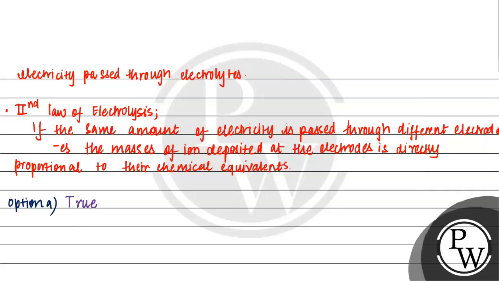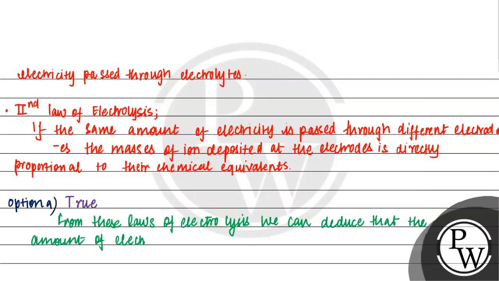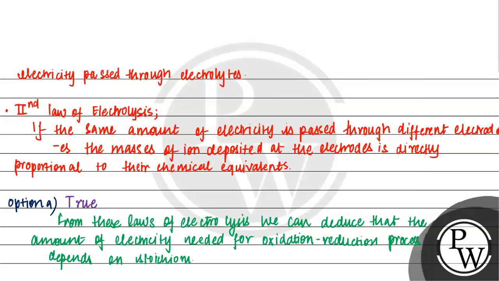This statement comes out to be true because from these laws of electrolysis, we can deduce that the amount of electricity needed for oxidation and reduction process depends on the stoichiometry of the electrode reaction. So our option A is true.